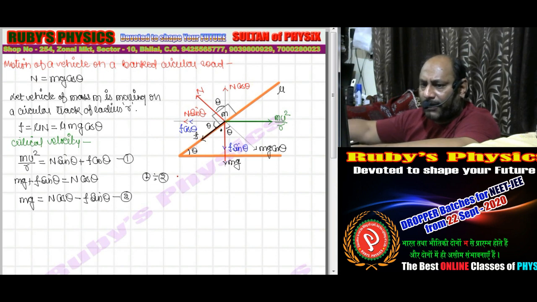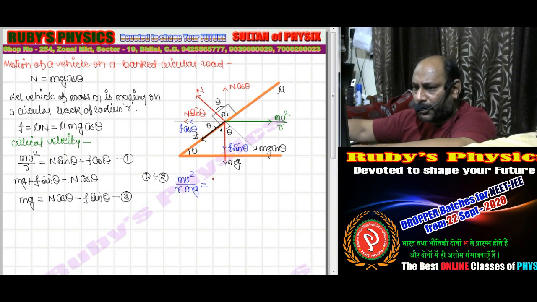So if I divide 1 by 2, I'll get mv square by r divided by mg, that will be equal to the numerator and the denominator. Just observe the expressions.